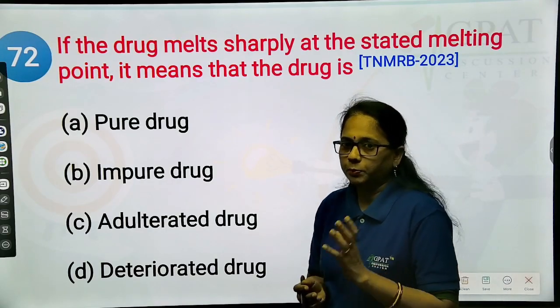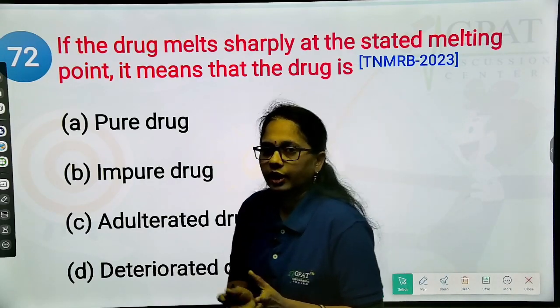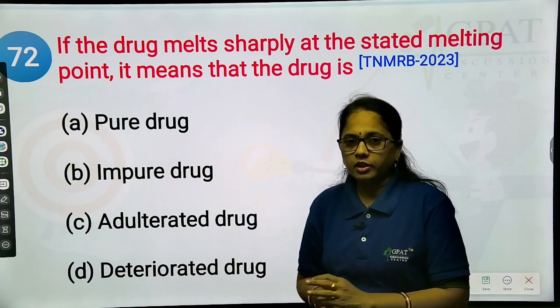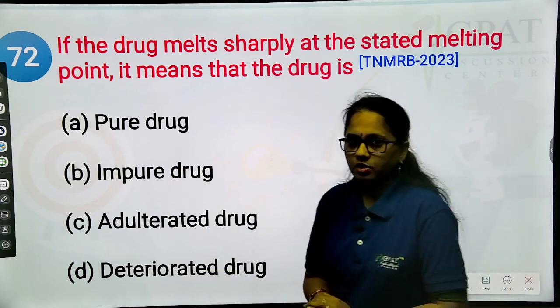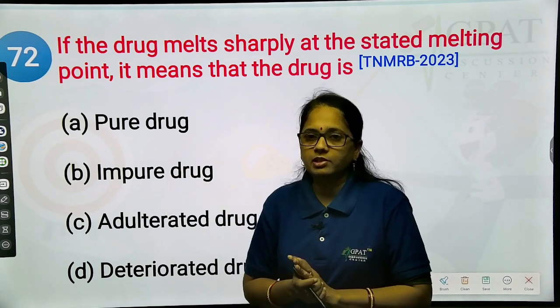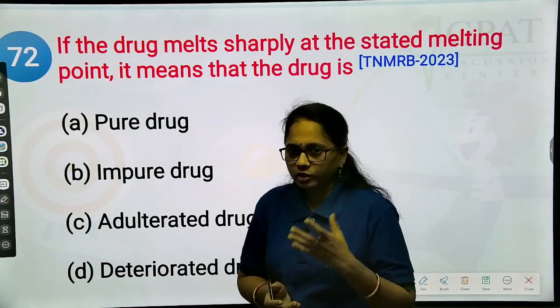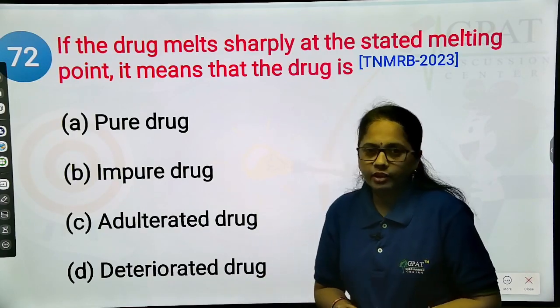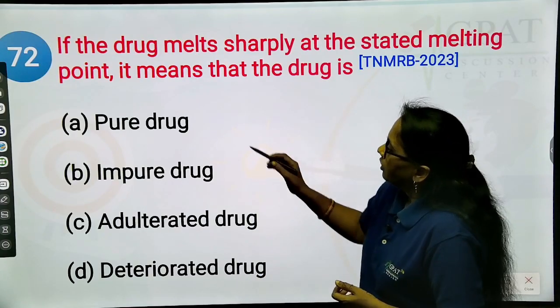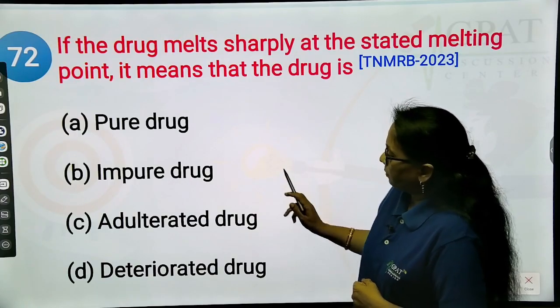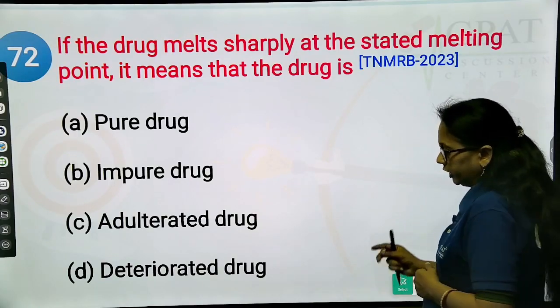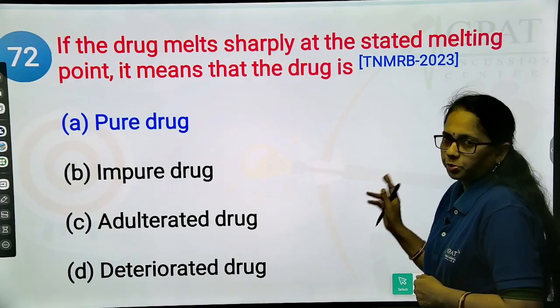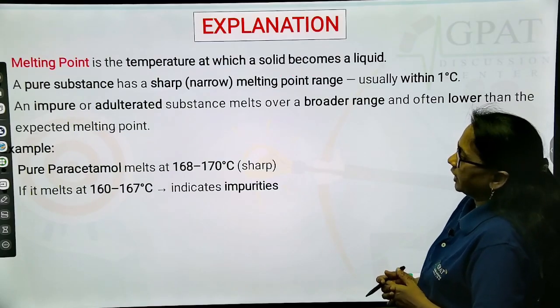If it is a pure drug, like sodium chloride at 99.9% purity, and it melts sharply at its given melting point, it means it does not contain any other impurities. Let us see the options: pure drug, impure drug, adulterated drug, deteriorated drug. Definitely option A is the right answer.